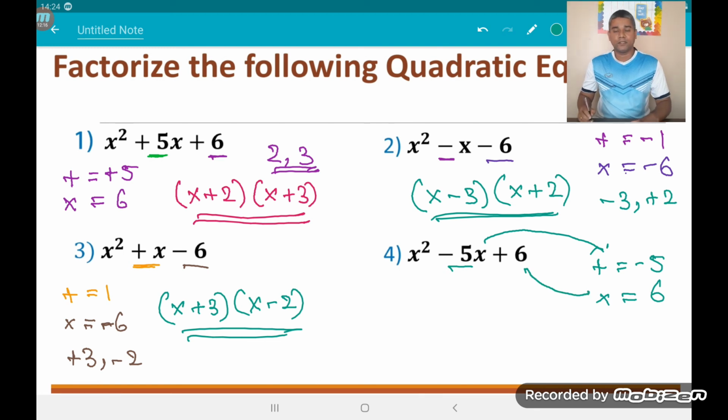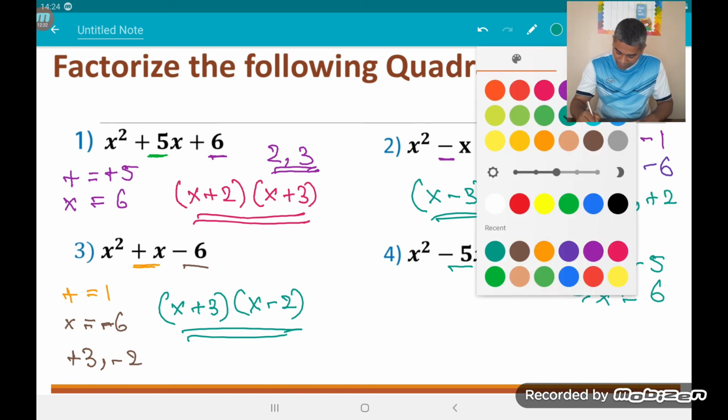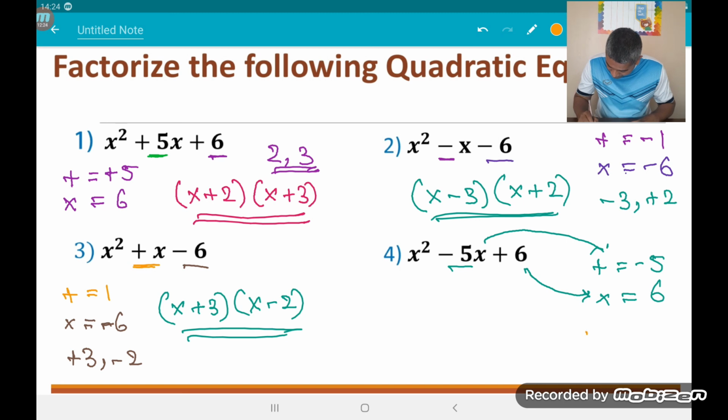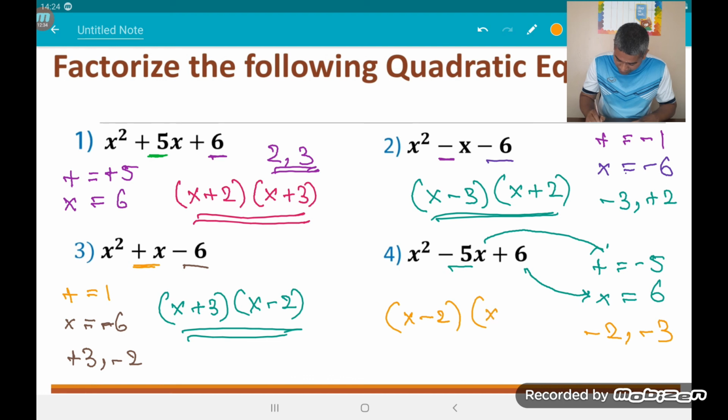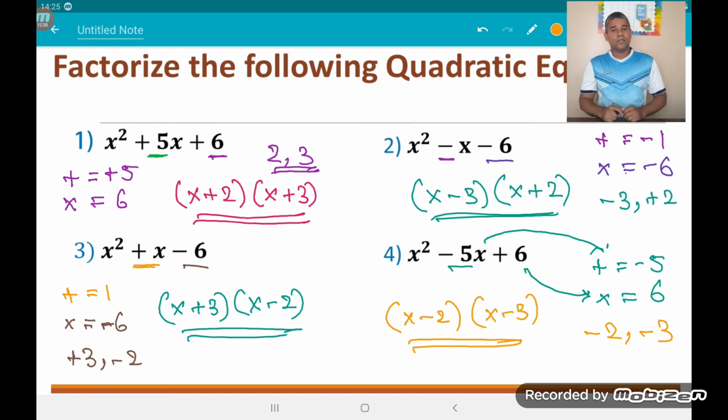So what are the numbers? The numbers are minus 2 and minus 3. Let me write that, minus 2 and minus 3. So the answer is x minus 2 times x minus 3. We finished it. I hope you understand this very well.